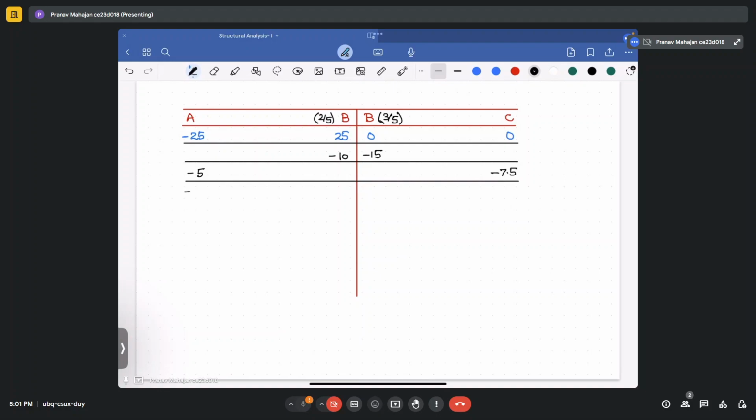Now what is your total? So total here is 30. Here it is 15. Then you have minus 15. Then you have minus 7.5.